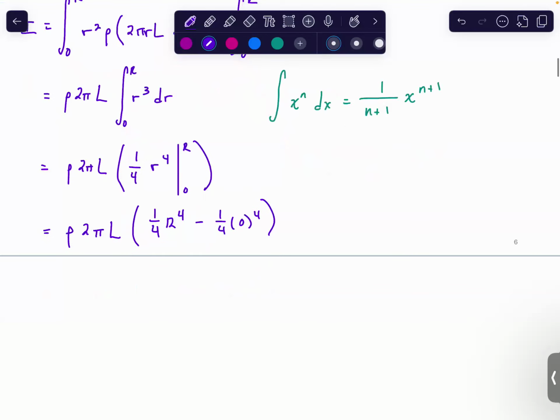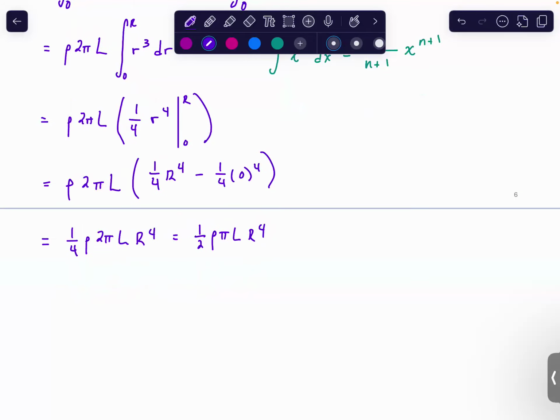And so this is going to end up becoming 1/4 rho 2 pi L r to the fourth, which we can go ahead and get rid of that 2. So it'll be 1/2 rho pi L r to the fourth.